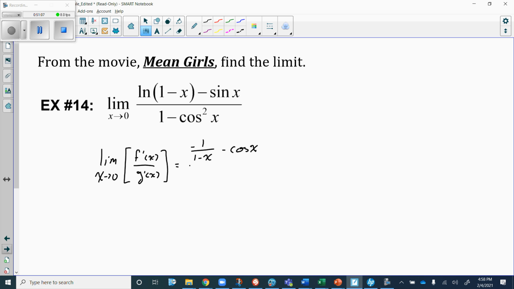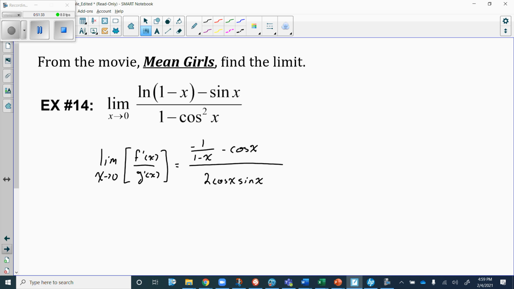And in the denominator, we have to use the chain rule on the cosine. So overall, we get negative 2 cosine of x, and the derivative of cosine will be negative sine, so that works out to be positive 2 cosine of x times the sine of x for the denominator.